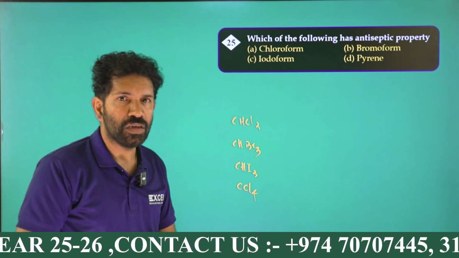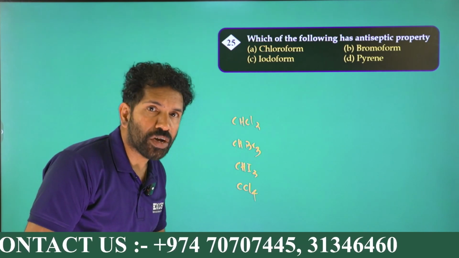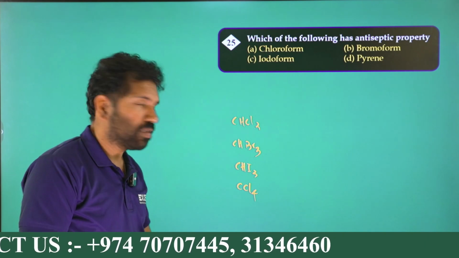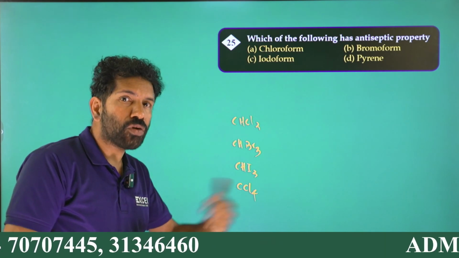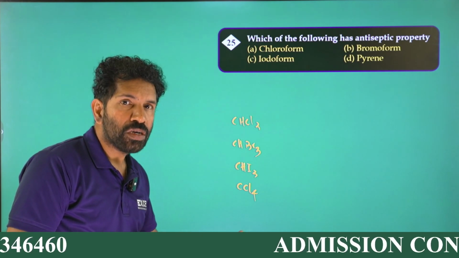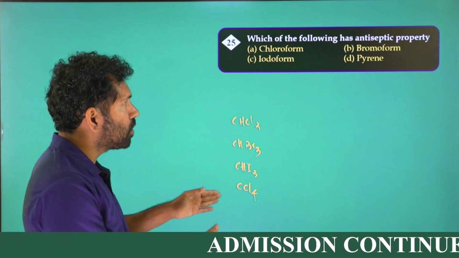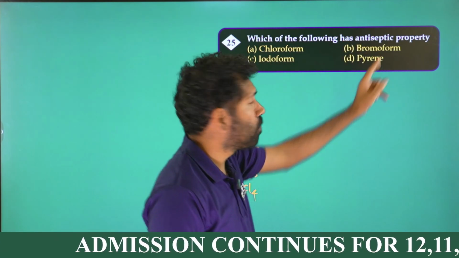This is not a common name. This rare name of carbon tetrachloride is also known as pyrene. There is one more organic compound, namely pyrene, which is an aromatic hydrocarbon with 4 benzene rings. We are not talking about that. For the time being: chloroform, iodoform, bromoform, pyrene.